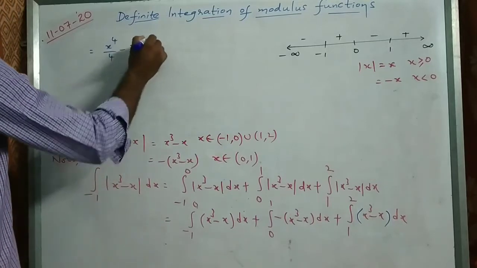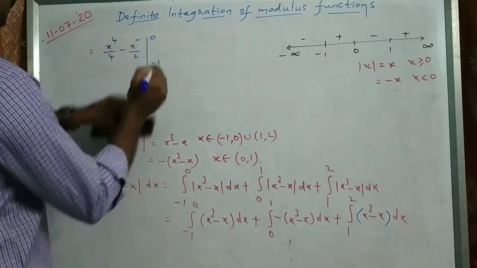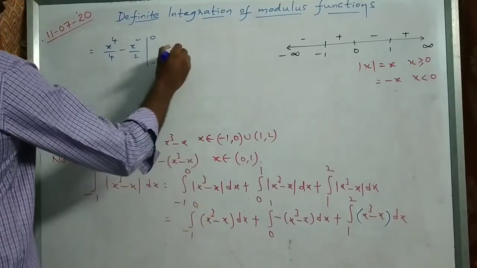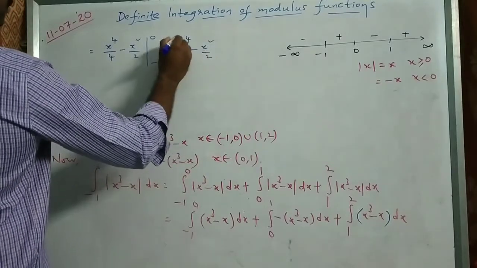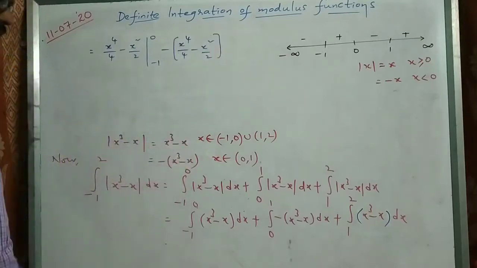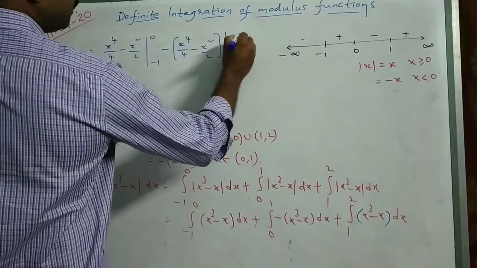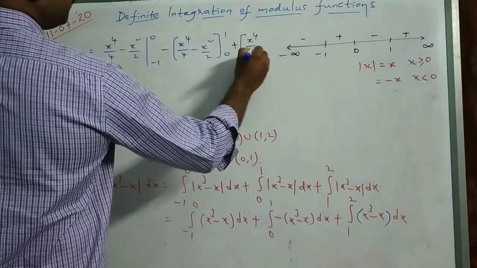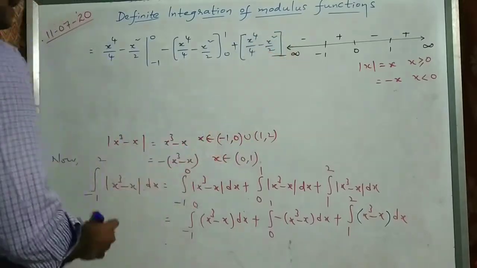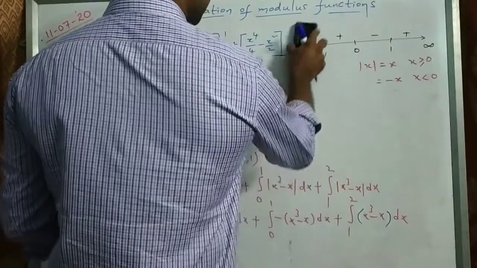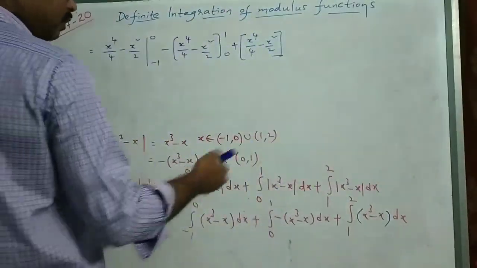Limits are from minus 1 to 0, plus, plus into minus, again x power 4 by 4 minus x square by 2. What are the limits here? 0 to 1. Again x power 4 by 4 minus x square by 2. What are the limits here? 1 to 2.